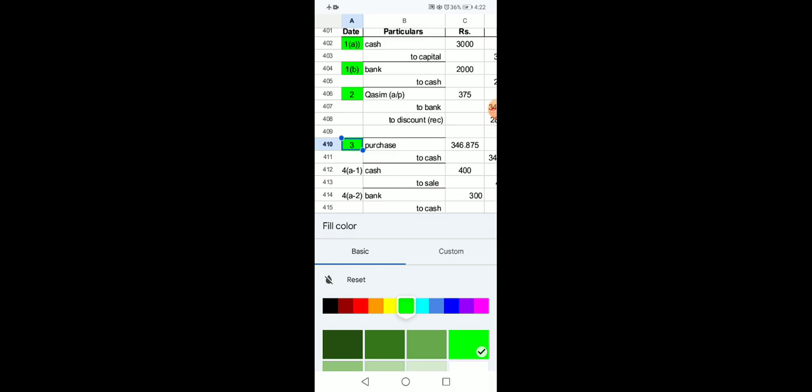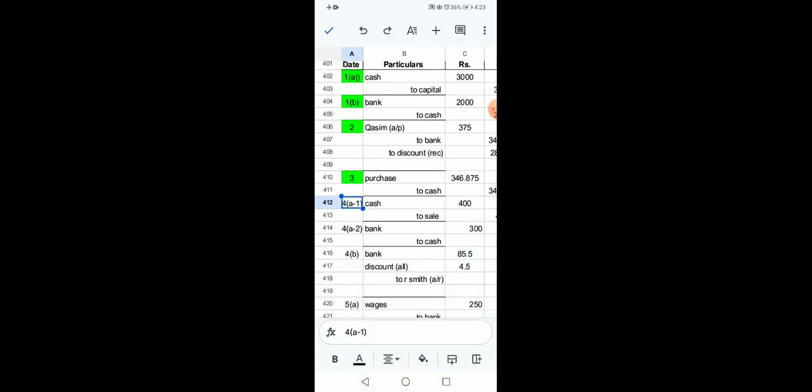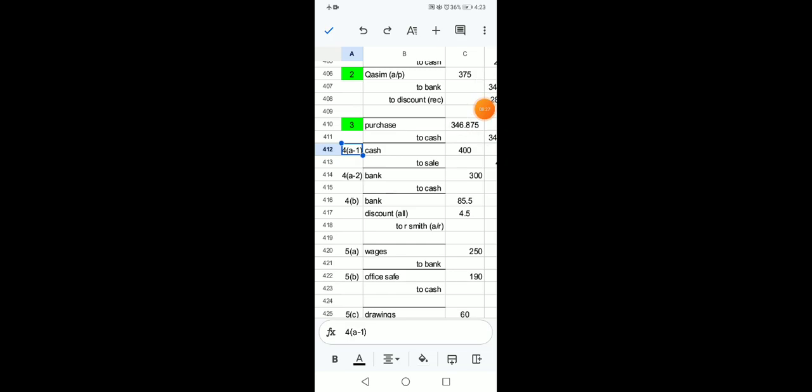Now we are at entry number 4. Since there were several entries within the single date 4, that is why we have mentioned different references. First is 4A1, where there are two elements, cash and sales, but we are associated with only one element, which is cash. Cash is being debited 400.